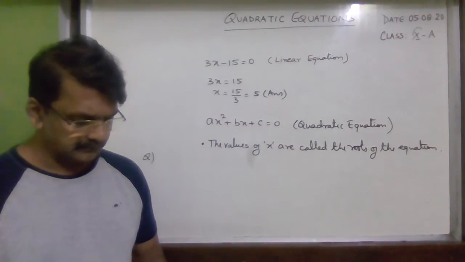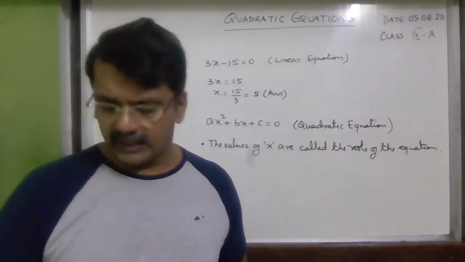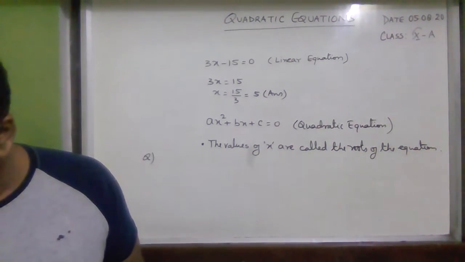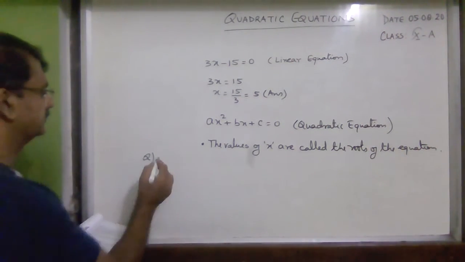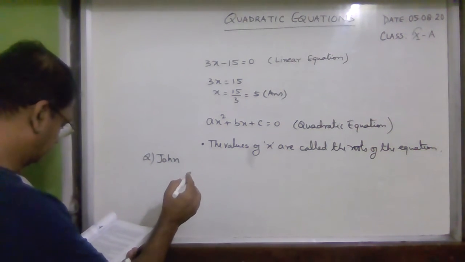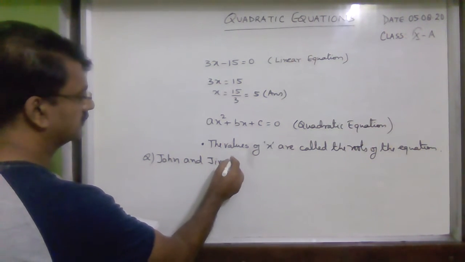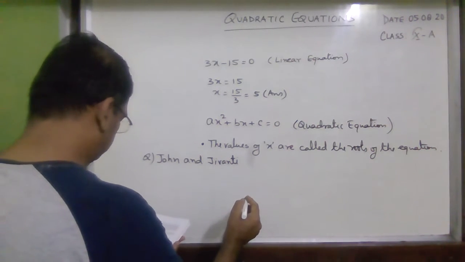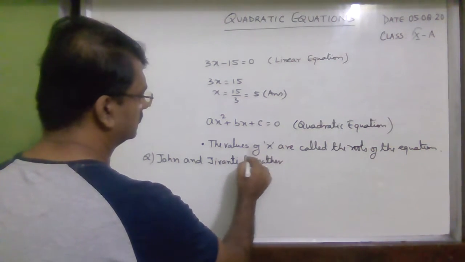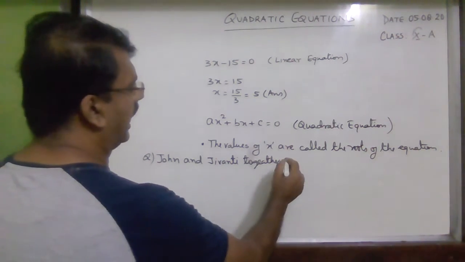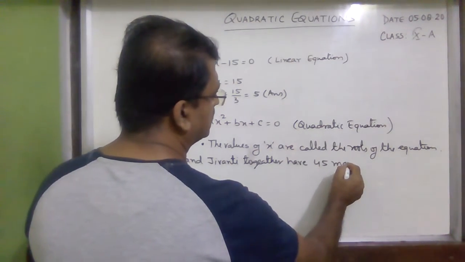It is given: John and Jivanti together have 45 marbles.